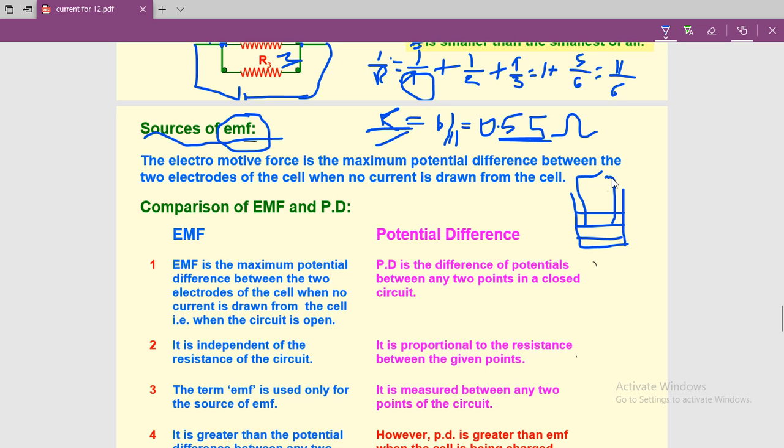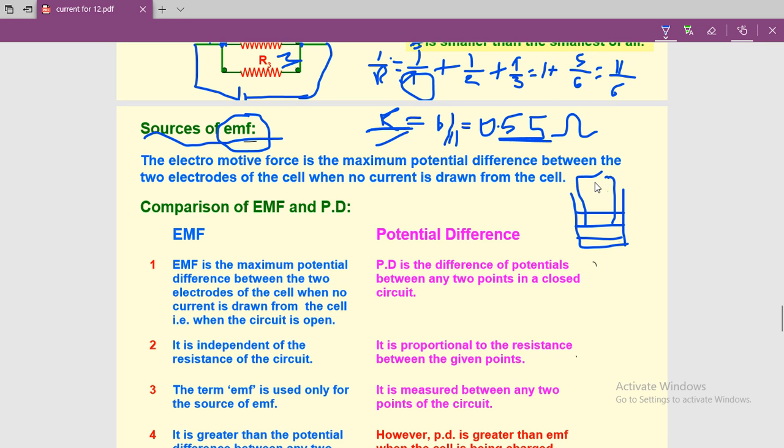Okay, and this maximum value of potential difference is called EMF of a cell. So what is the condition to find the EMF of a cell? To find the EMF of a cell, there must be an open circuit.